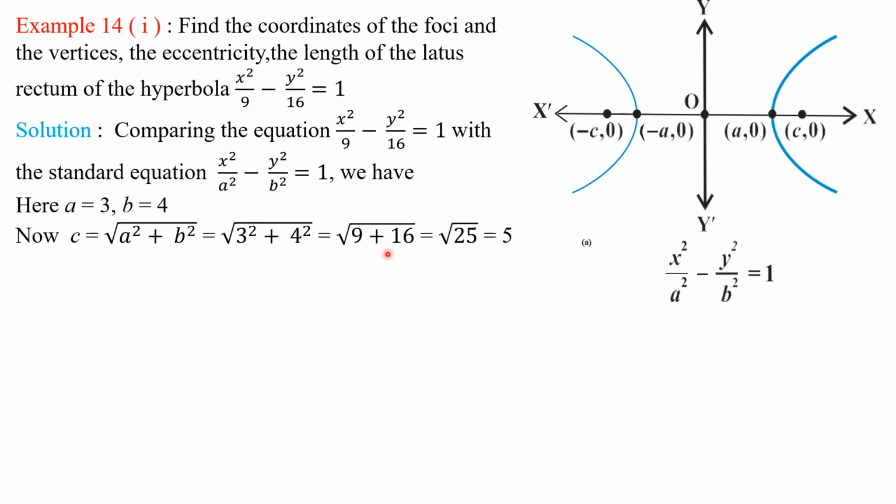Understood this step, my children? Right. That is equal to square root of 9 plus 16. What will you get here? 25. So square root of 25. What is the value of square root of 25? 5. Okay, my children, understood this step. So the value of c is equal to 5. We got the value of c.